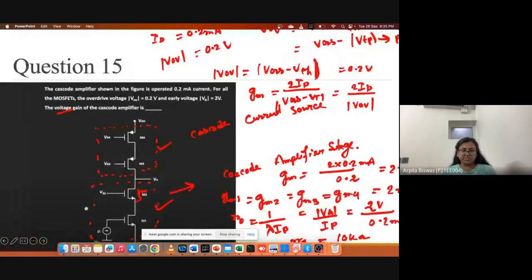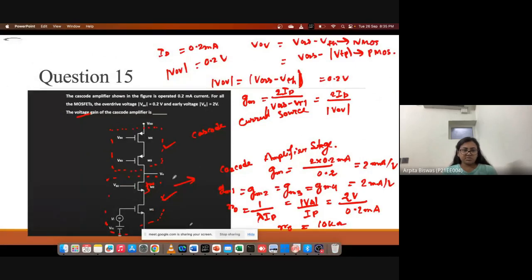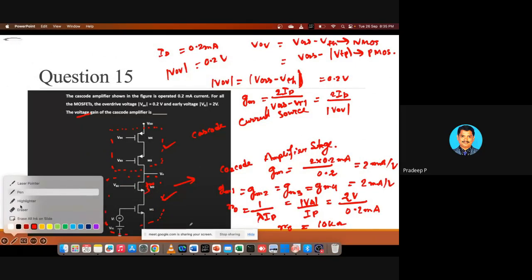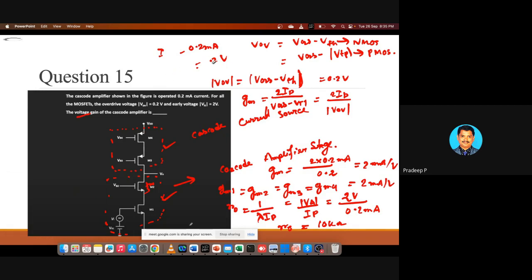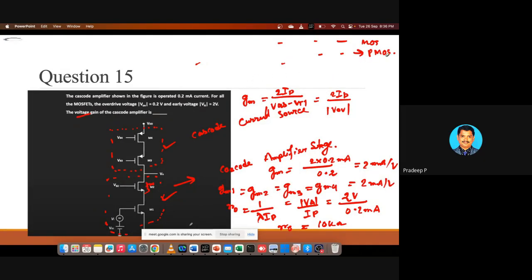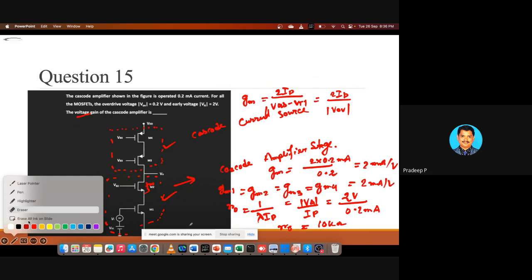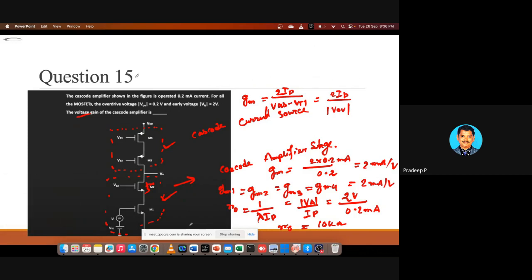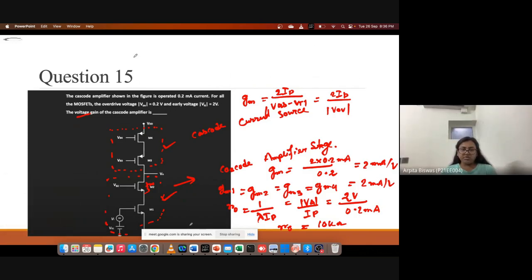For each case we have to find R naught. So what is the value of AV, the gain?